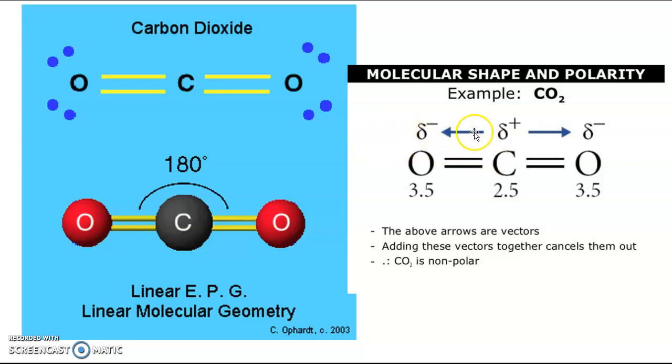Since the molecule is linear, both dipoles are in the same line, but they are in opposite directions. Since they are equal, they cancel out, and the molecule is non-polar. Then the shape of the molecule is very important in order to analyze if the molecule is polar or non-polar.